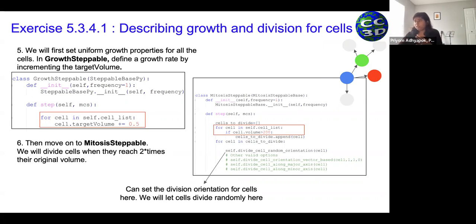So the question is, if we now go from a uniform growth rate, how would we model something that is non-uniform? And what would we change in this code to only have cells that are at the periphery of the simulation that can grow or divide?